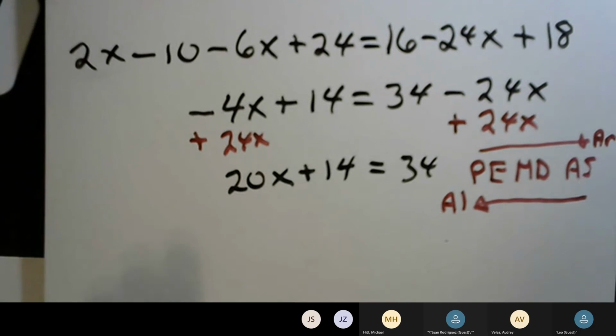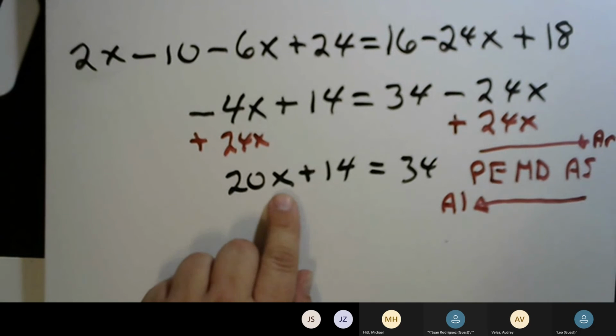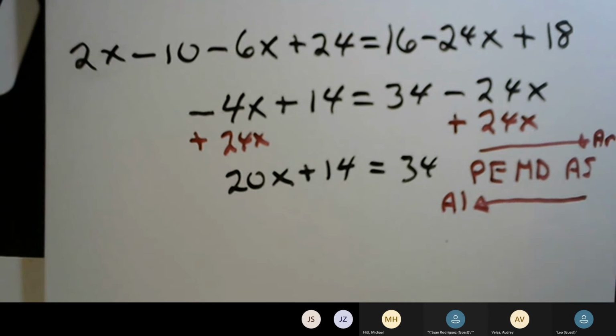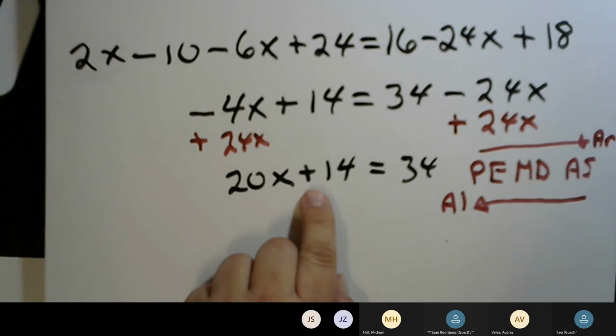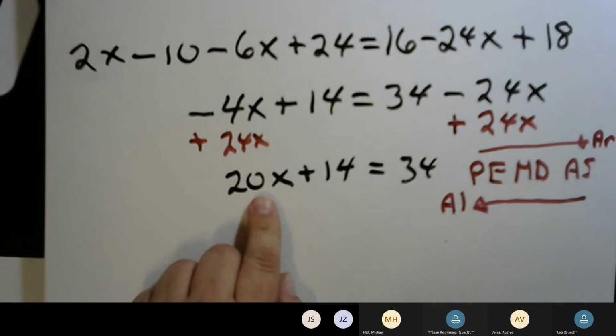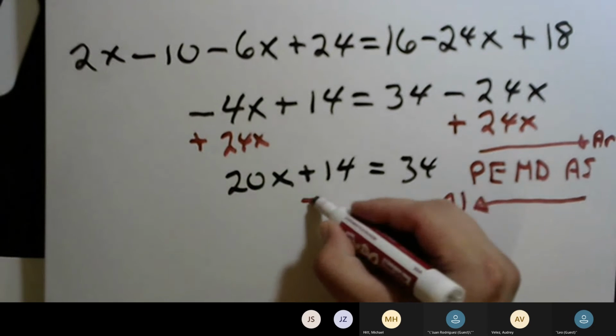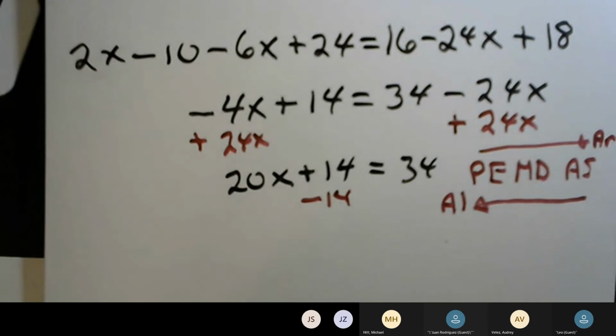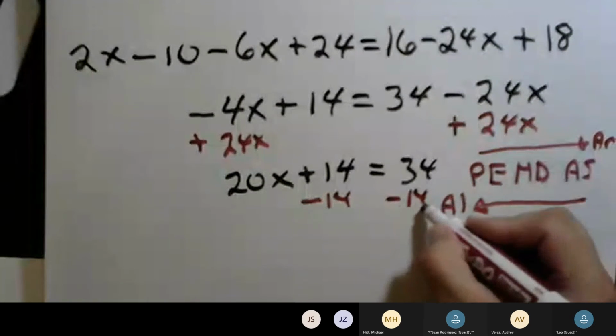So usually in PEMDAS, we would multiply if we knew what x was, and then we would add. So for algebra, we're going to do the opposite. We're going to cancel adding and then cancel multiplication. So the opposite of adding is subtraction.